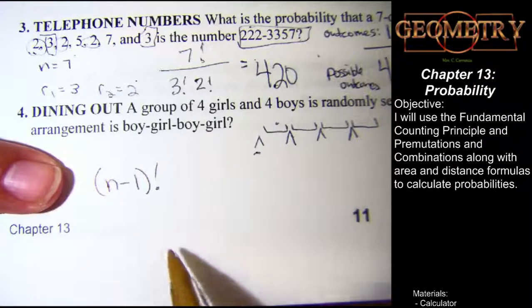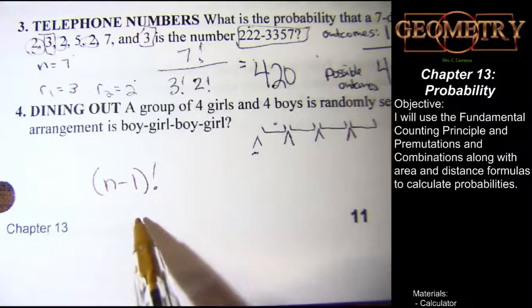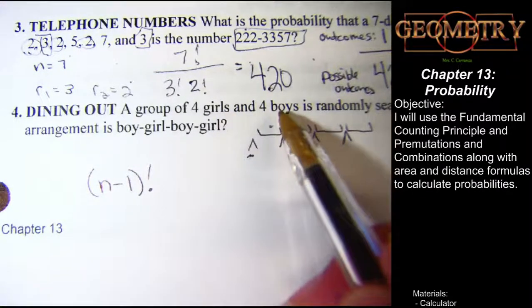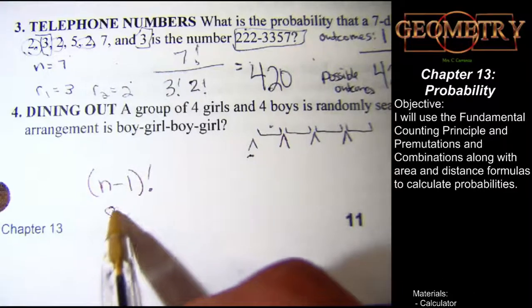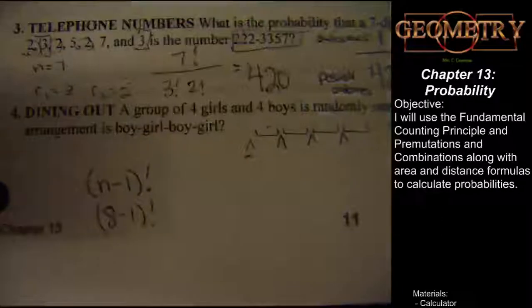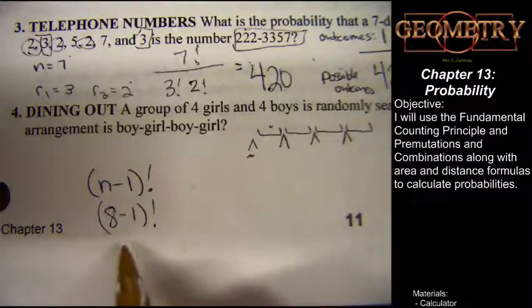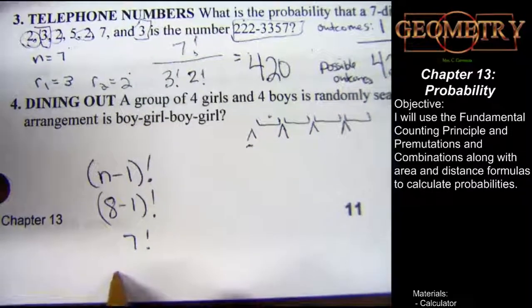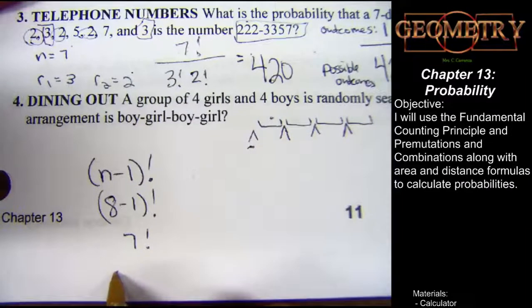How many people do we have total that we're arranging? 4 girls, 4 boys. We have 8 people. So this is 8 minus 1 factorial. So it's 7 factorial. How many different ways do we have to arrange these 8 people without caring what order they sit in? Go to your calculators, do 7 factorial. 5040.